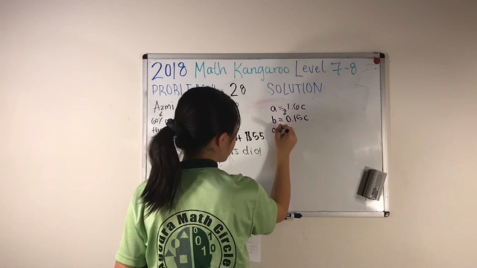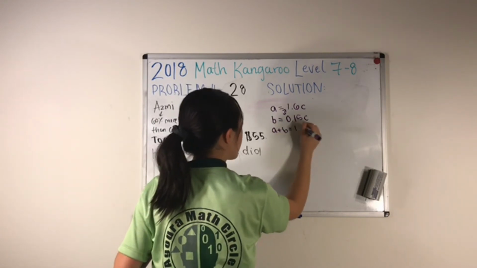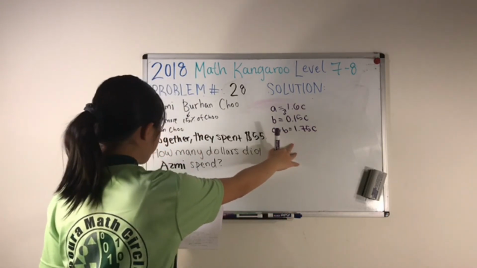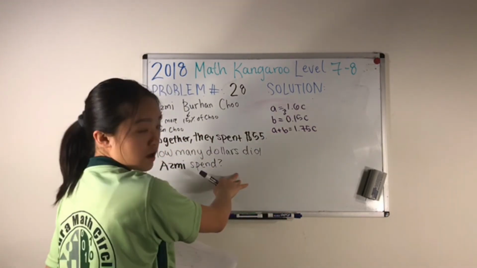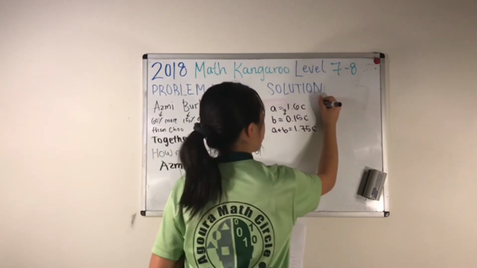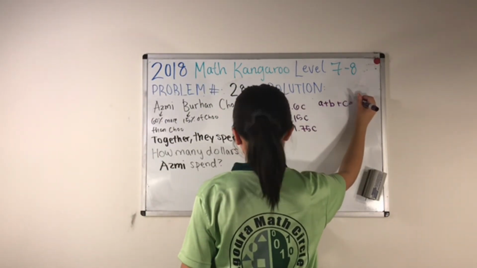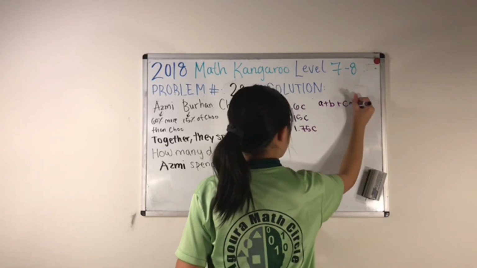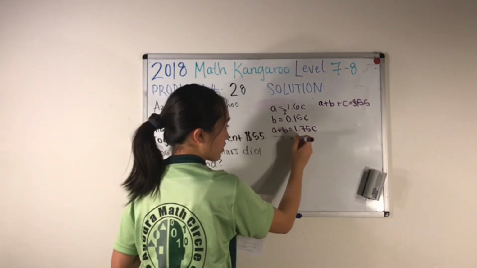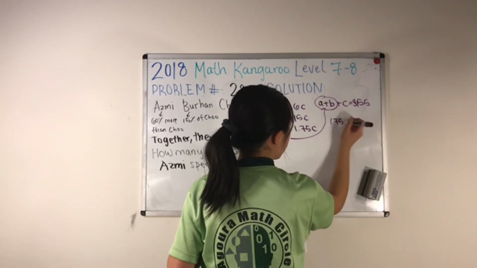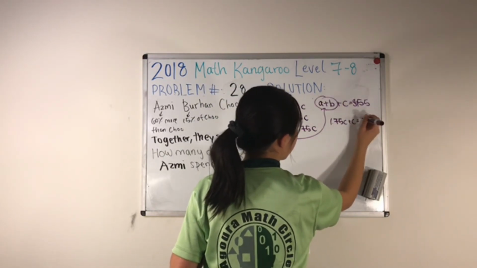Then we get A plus B is equal to 1.75 C. Because together they spent $55, A plus B plus C is equal to $55. Now we can substitute this equation for the A plus B, so we get 1.75 C plus C equals $55.